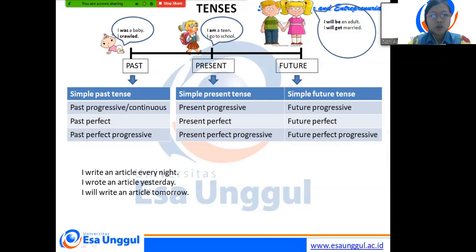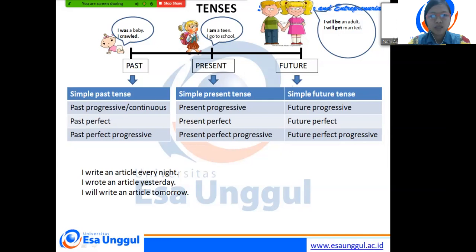In this video, we are going to discuss present and past tenses. You can see the future tenses for the next video.